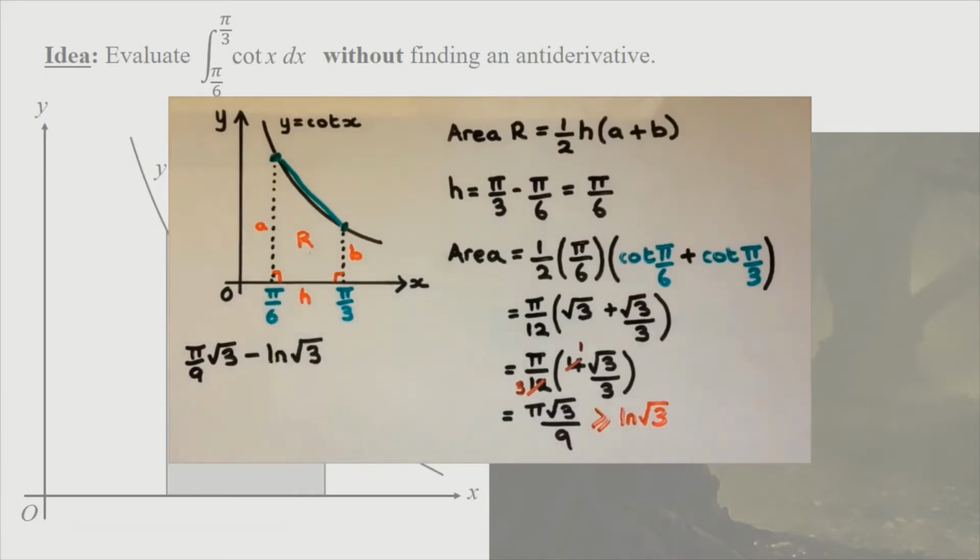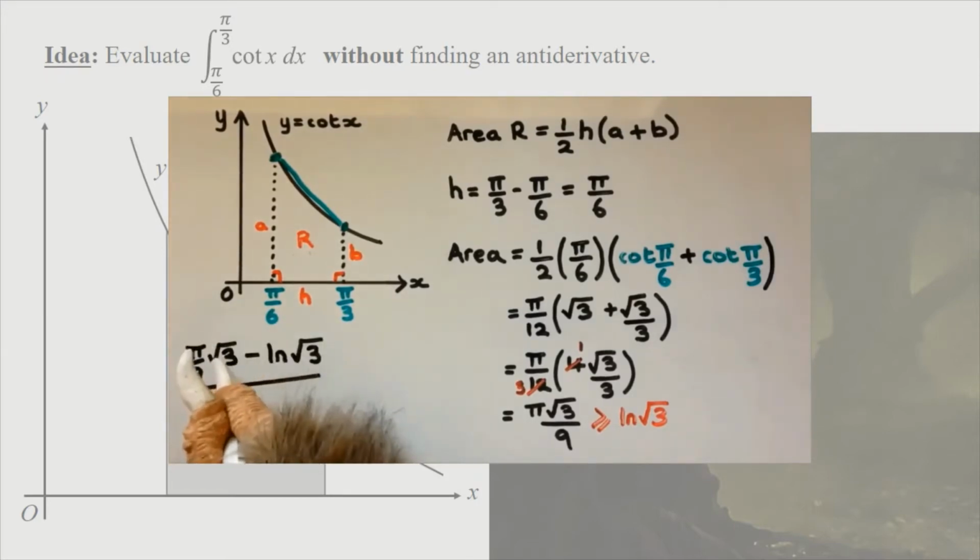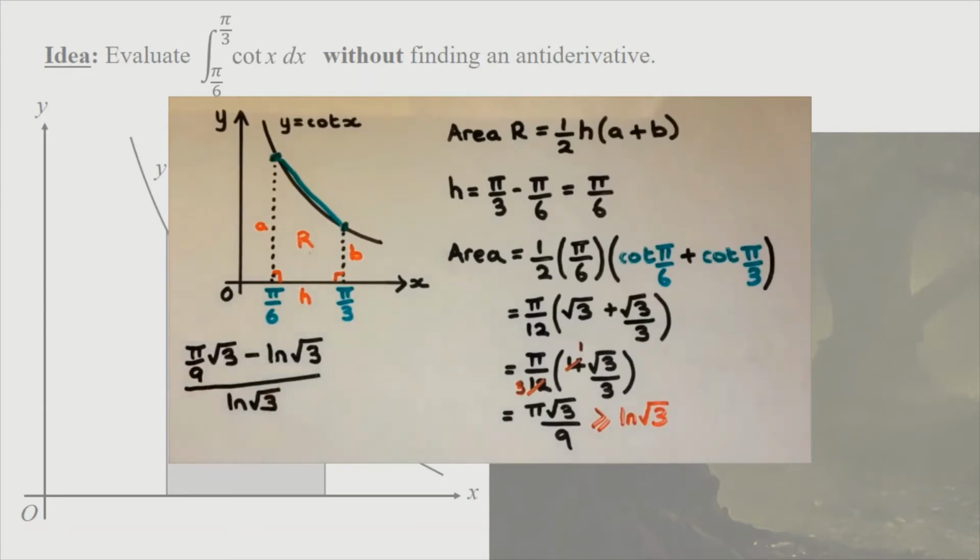Now that's the difference between the estimate and the actual as a number. But compared to what? Well, we divide it by the original actual answer. So if we divide this by the natural log of root 3, then this puts the numerator in context, doesn't it?